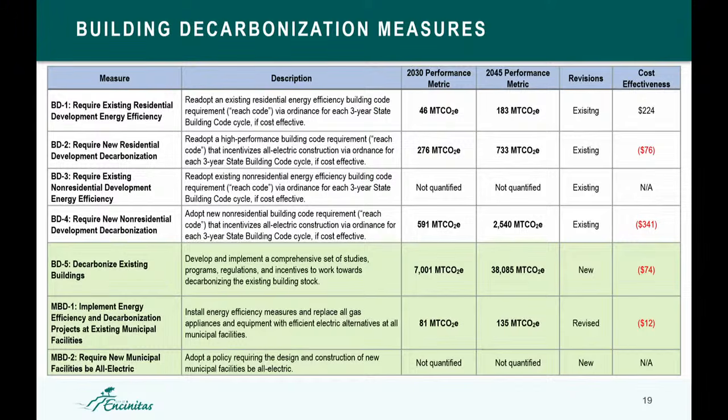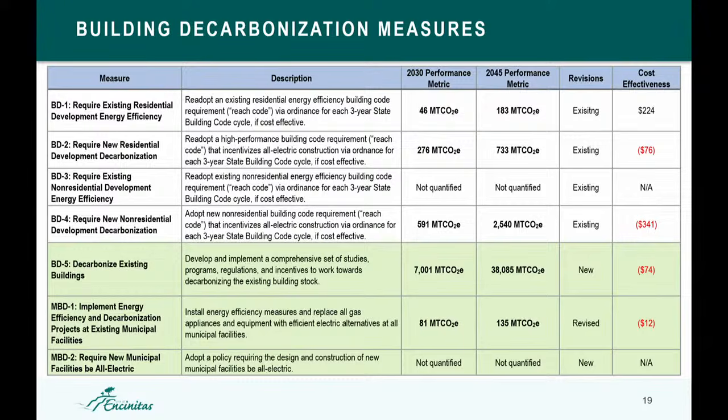This closely follows the tables that are in the Climate Action Plan in Chapter 3. Starting with the first column, this is the measure number and title, and then the description is a description of that measure and what it would do. The 2030 and 2045 performance metrics are the greenhouse gas reduction potential if that measure is implemented.